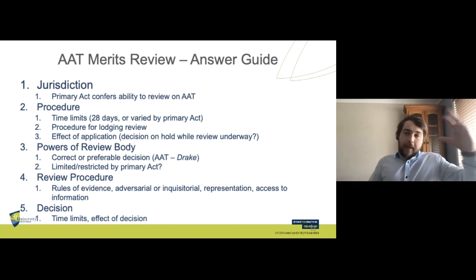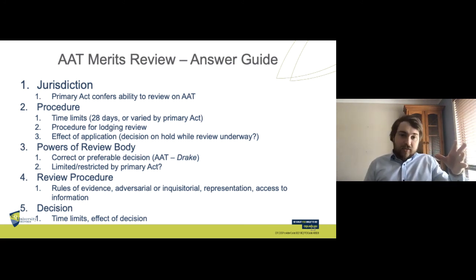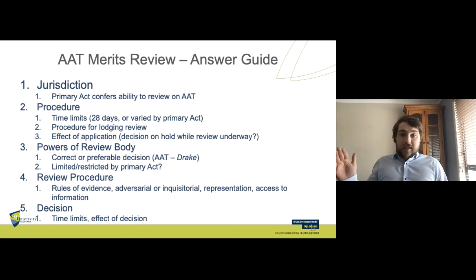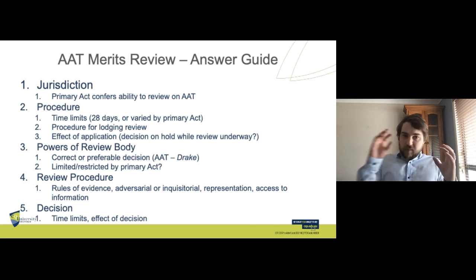So, an act for licensing different types of plants and decisions about different crops and things like that. That's the primary act. And within that act, there'll be a section saying, decisions made under this act are reviewable by the AAT. So that's the jurisdiction, that's the primary legislation empowering the AAT to review a decision.